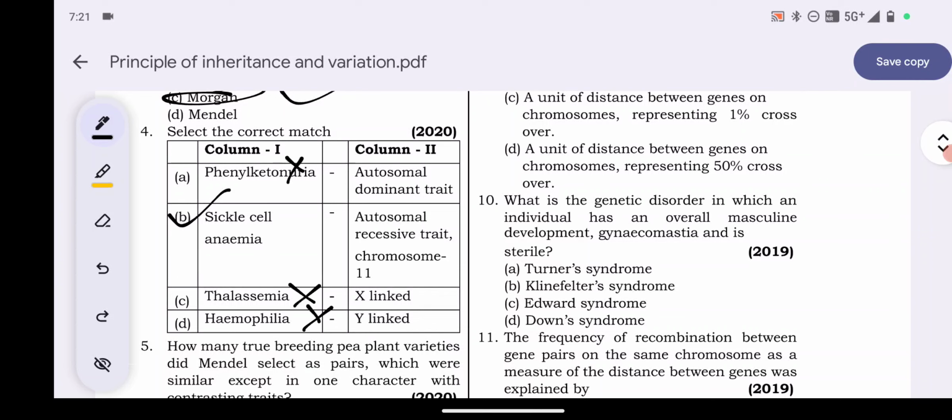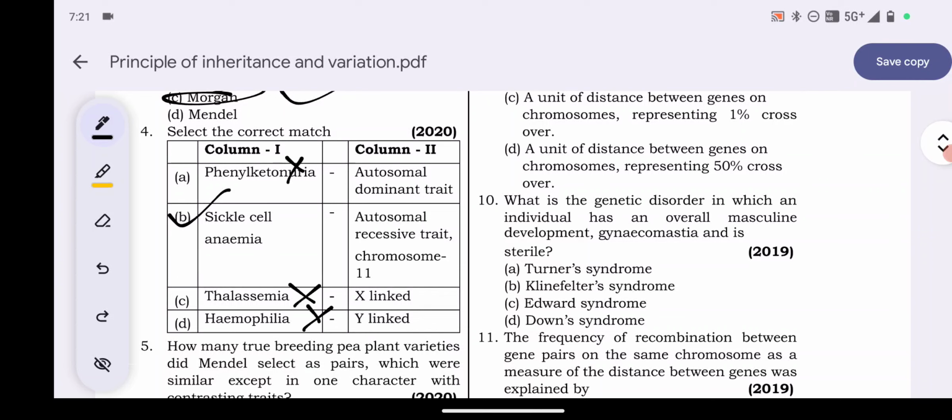Explanation: the probability of recombination between gene pair on the same chromosome was employed by Alfred Stuart Sturtevant to calculate the distance between genes. So option C will be your answer.